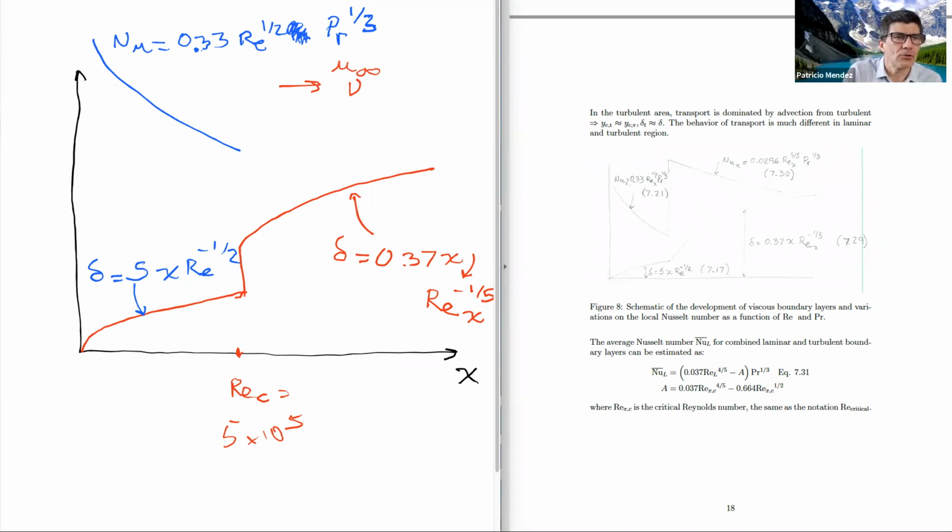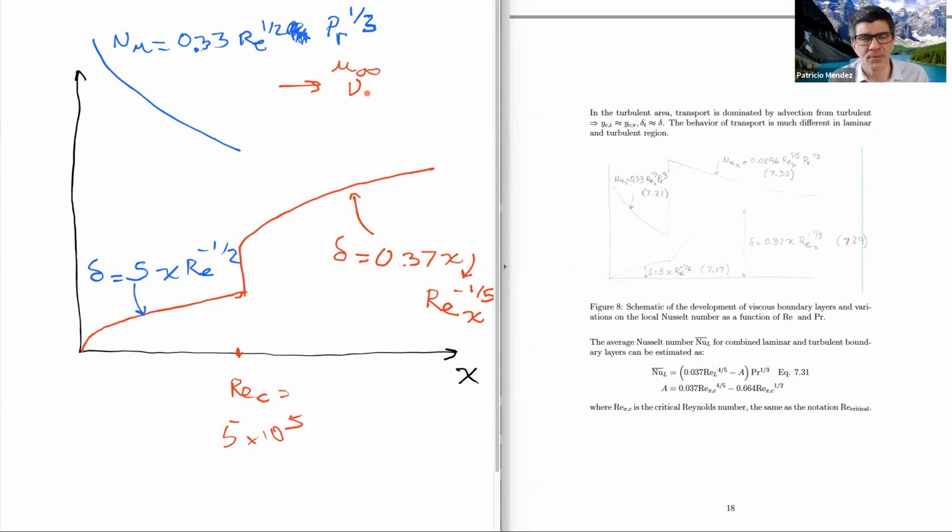Now, from the point of view of the Nusselt number, something interesting happens. The viscous boundary layer and the thermal boundary layer, all of a sudden they increase a lot. They are much thicker. So you might think, I have a thicker boundary layer, therefore I'm more insulated, therefore my Nusselt number would be lower.